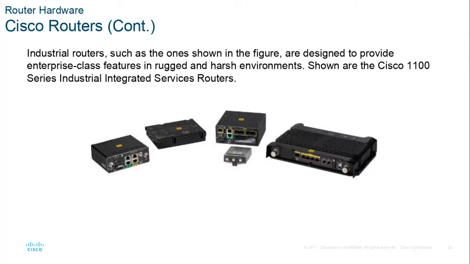So they have ruggedized routers suitable for these environments, where you can plug in, say, a computer numerical control CNC type device that requires an Ethernet connection right there on the dirty factory floor. You can plug it into one of these industrial devices and they'll be able to handle it without breaking down because there's a bunch of dirt in the atmosphere. So they're more expensive than what a small business device would be because they're designed to be super rugged, super heavy duty.